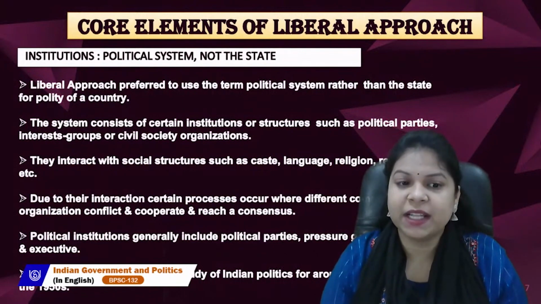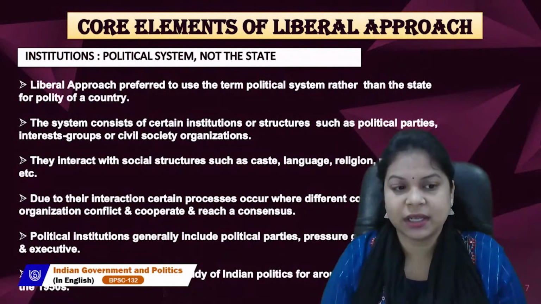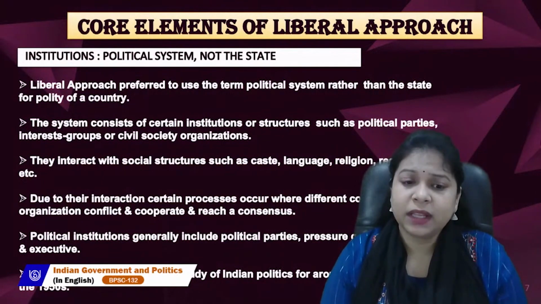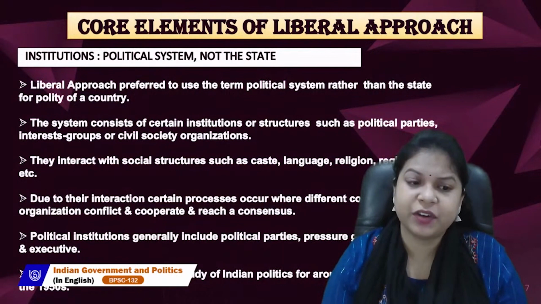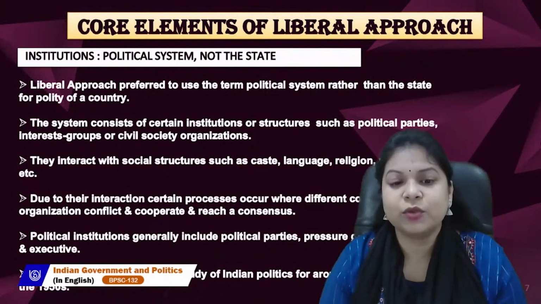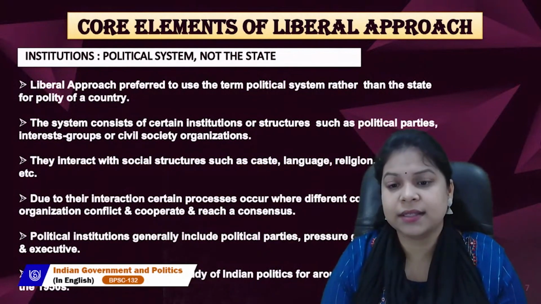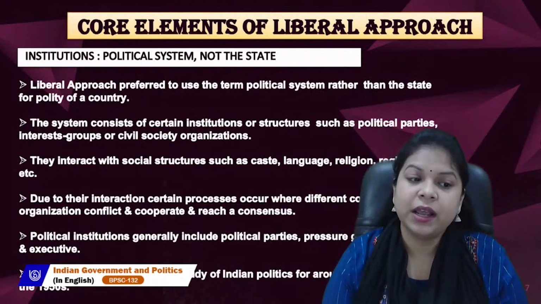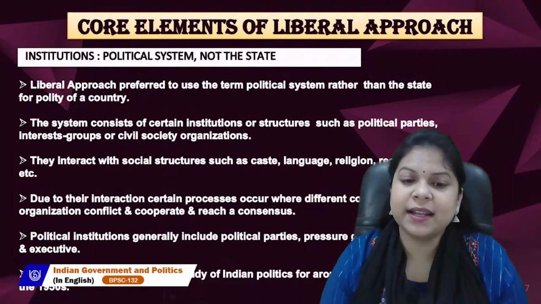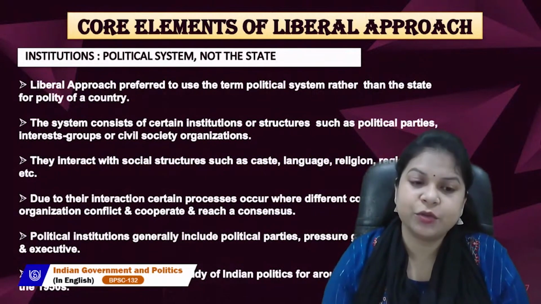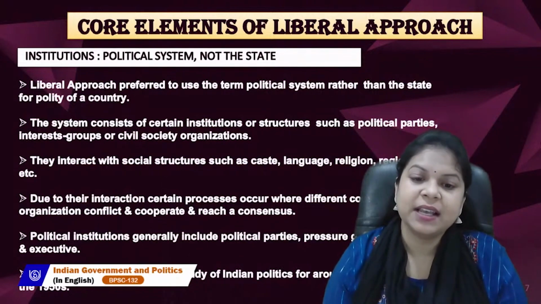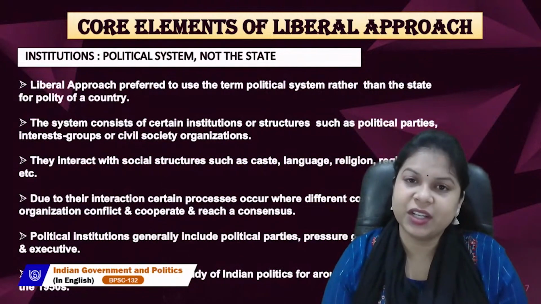Then interest groups are there, civil society organizations are there. These institutions or structures interact with social structures such as caste, language, religion, region, tribe, etc. So there is a link between the institutions and social structures.